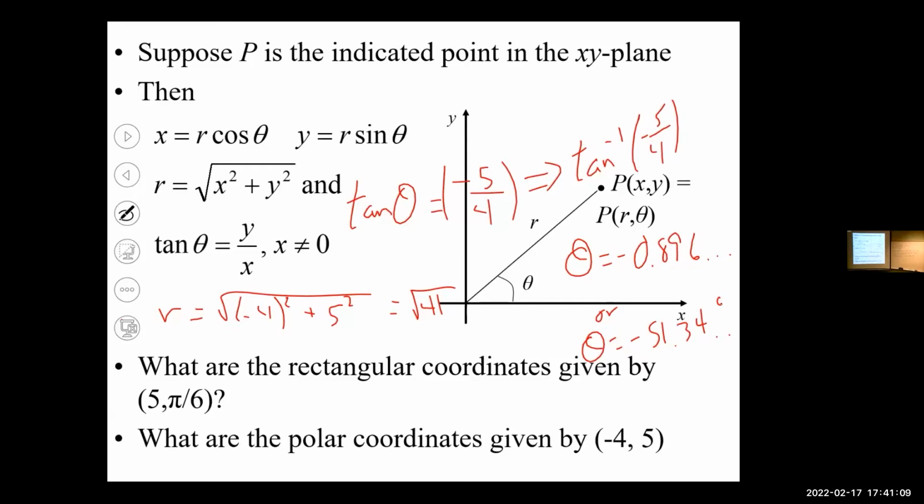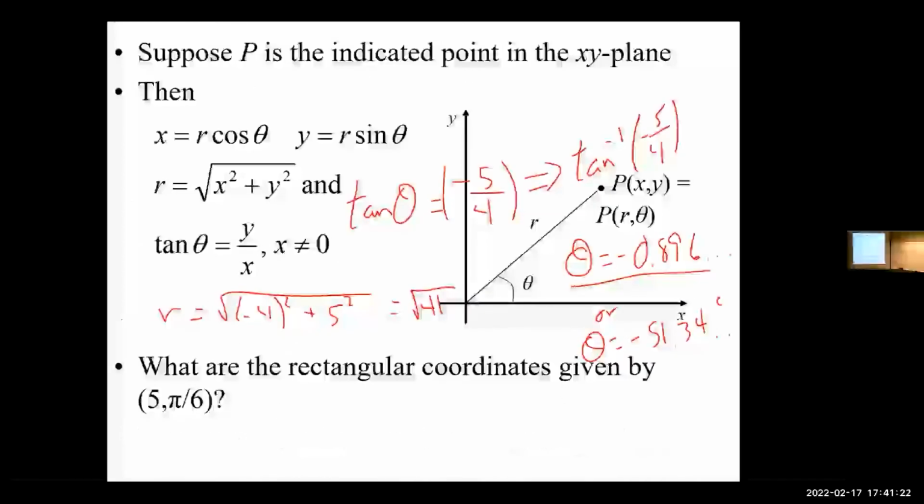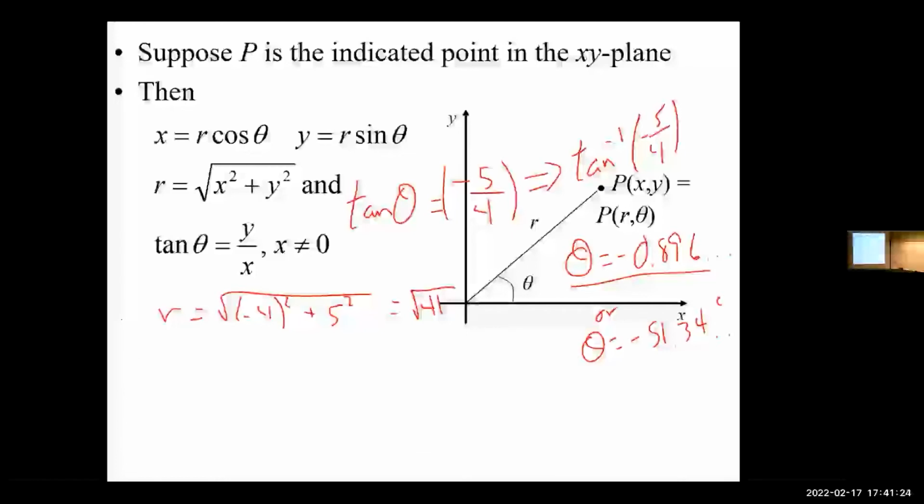So we know that this angle here is actually in the fourth quadrant, but we should be in the second quadrant. What this gives us is our reference angle. That reference angle is the angle between the horizontal and our line.